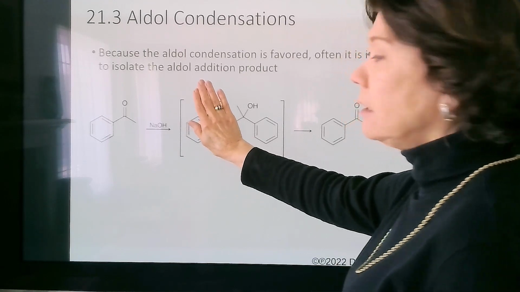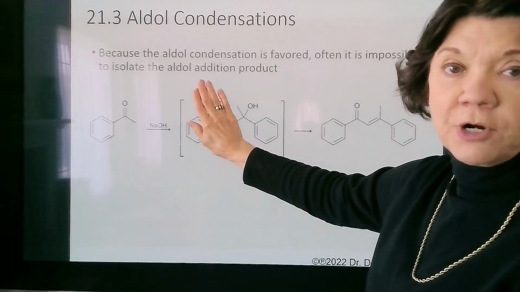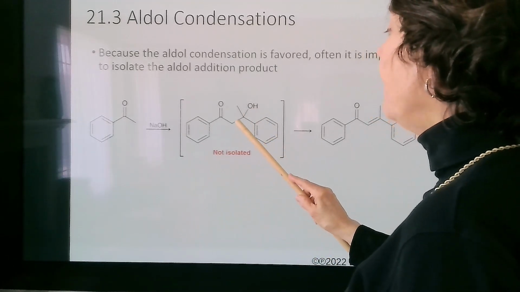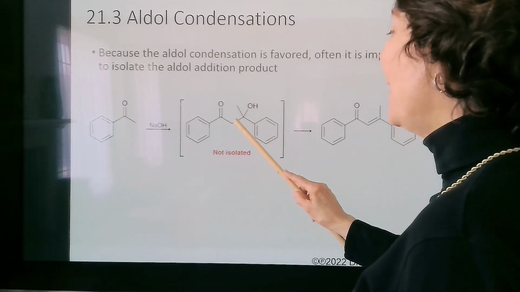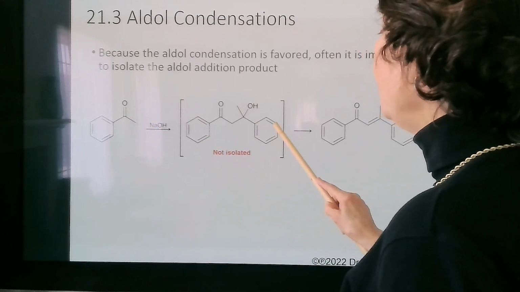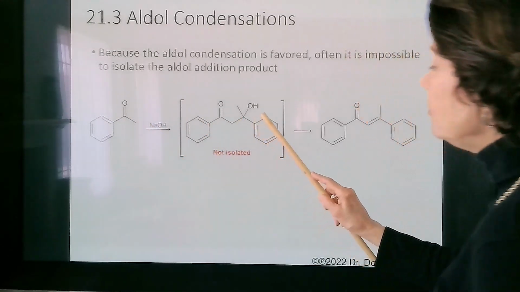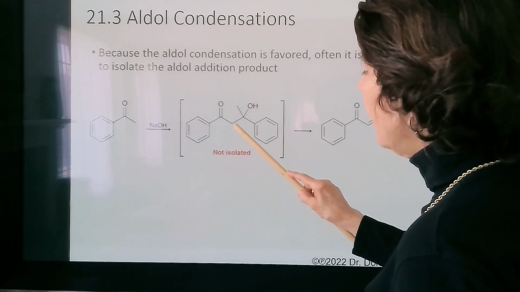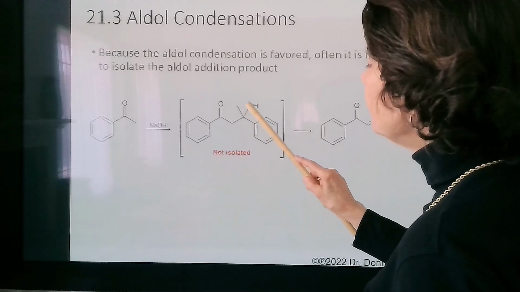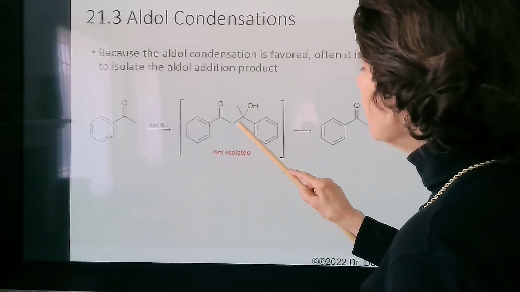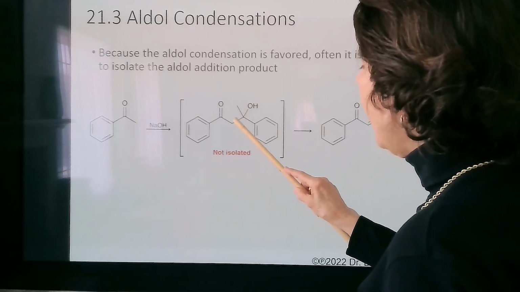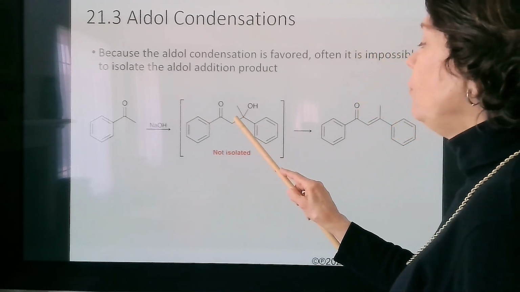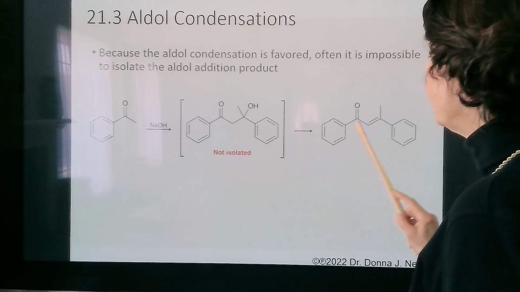There is the carbon skeleton of the other molecule of the ketone. And so this is the aldol addition product of these two ketones. And notice that you have the hydroxide here and a CH bond here. So you can lose water across this bond and generate a double bond right here. So this will be the condensation step.